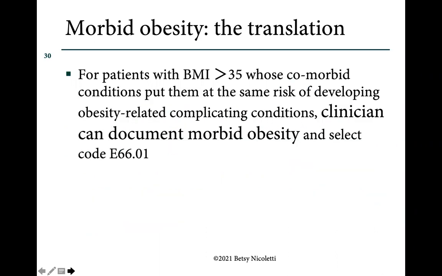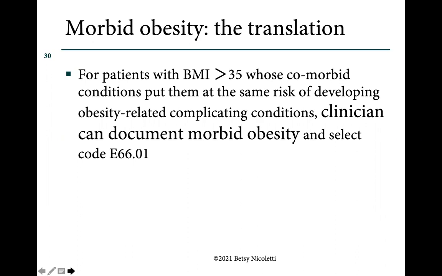And the reason that I'm bringing that to you is that patients who have a BMI of 35 or more, who have comorbid conditions, even if the BMI doesn't hit 40, you as the clinician can still document morbid obesity and select E66.01.